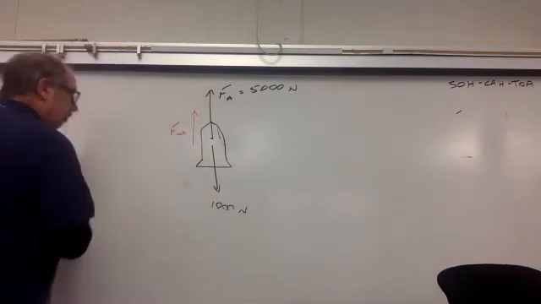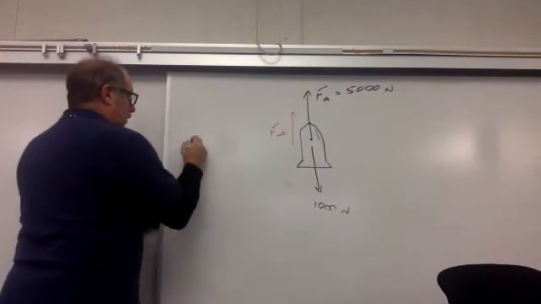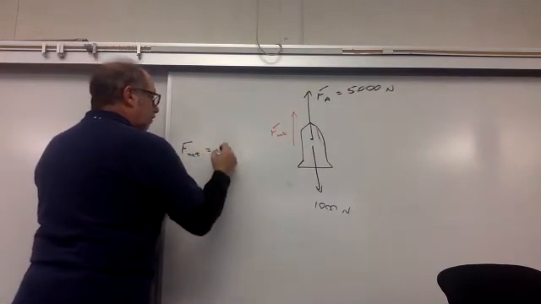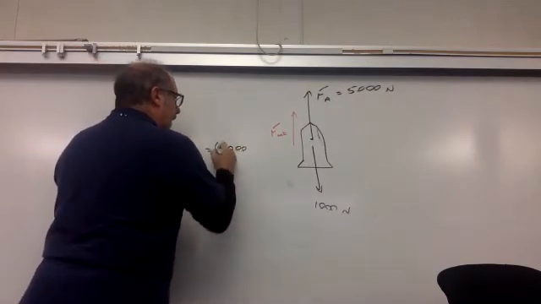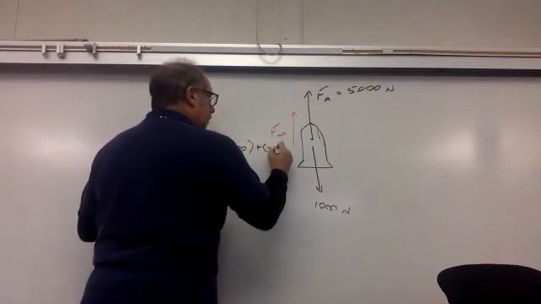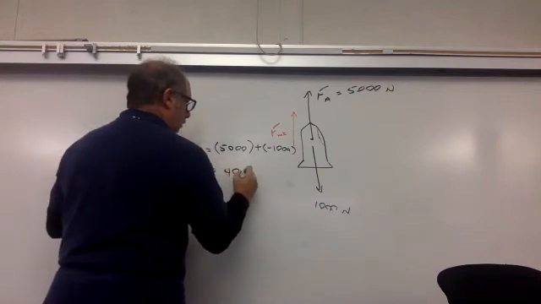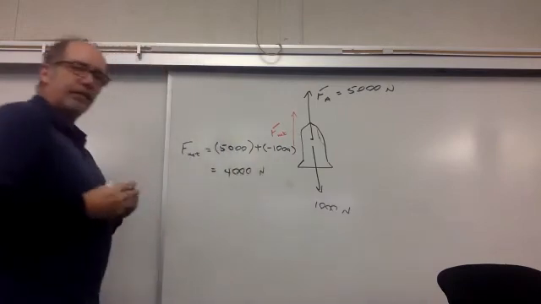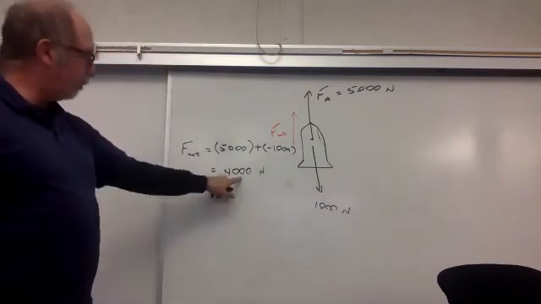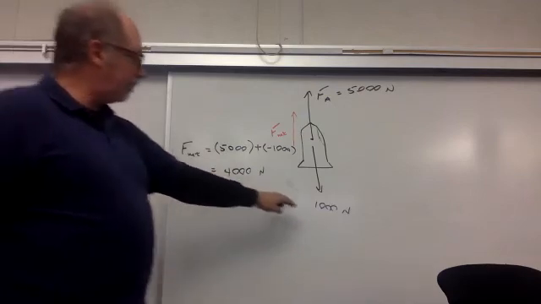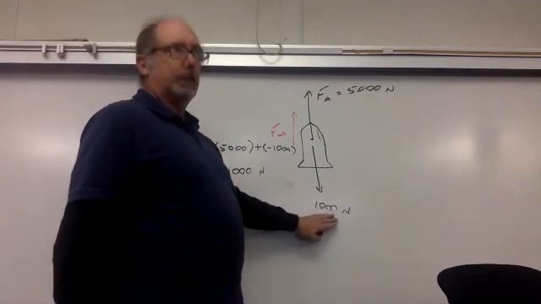So the net force is going to be the 5,000 newtons up plus a negative 1,000 newtons down. So the net force that accelerates that rocket is 4,000 newtons. I have to counteract the weight, right?